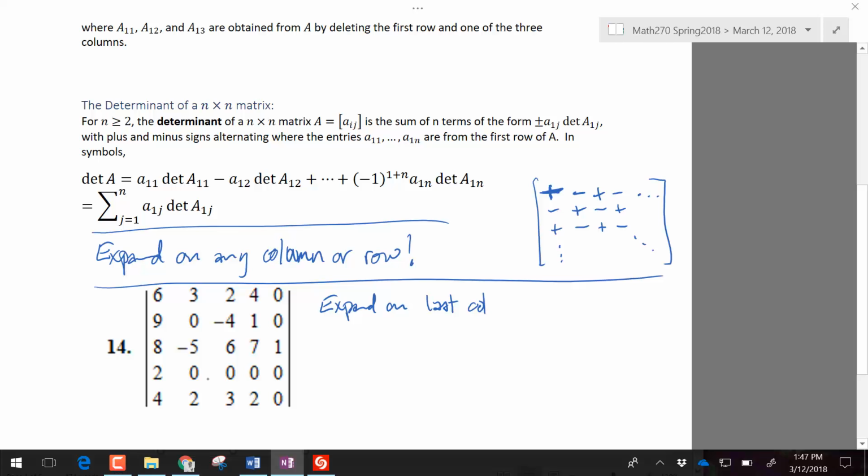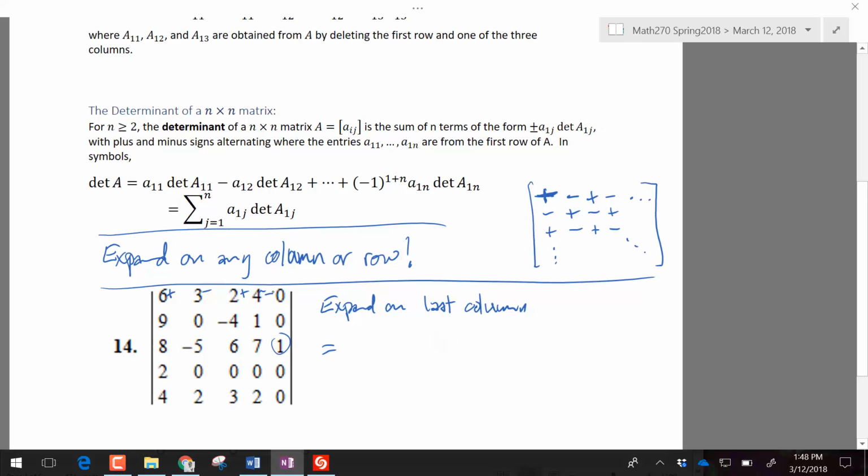Okay, well, I'm already at the row. This has a 1, so that has a slight advantage. So what's going to happen is that we'll assign the pluses and minuses. Let's figure out where the pluses and minuses are. Plus, minus, and plus.